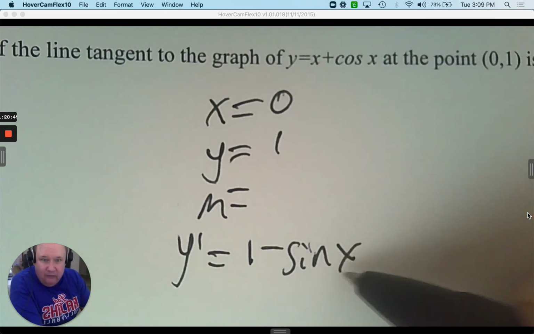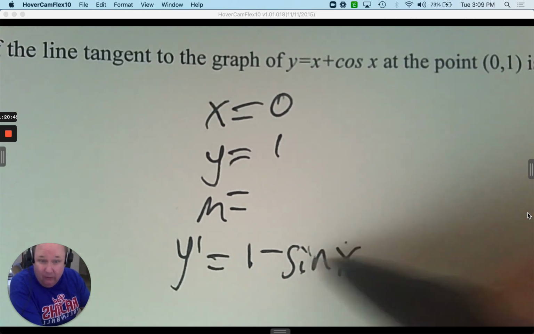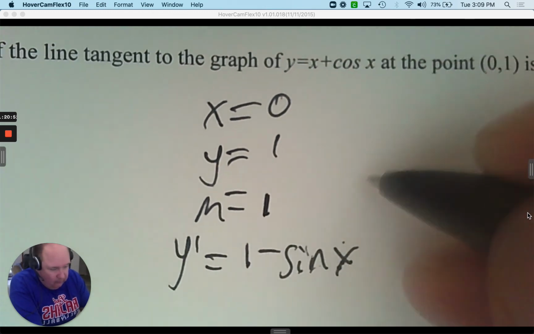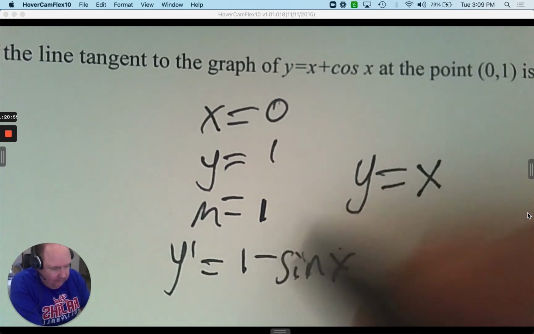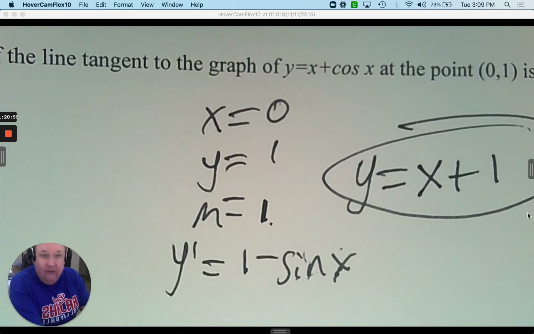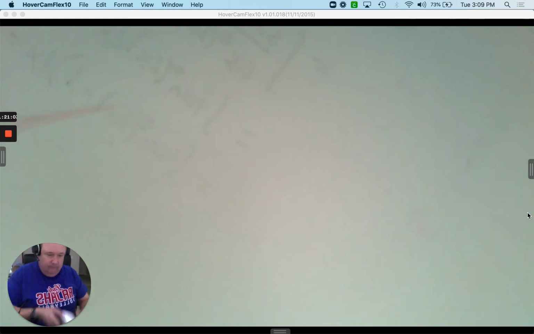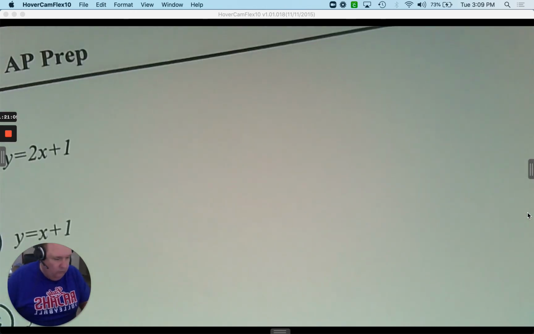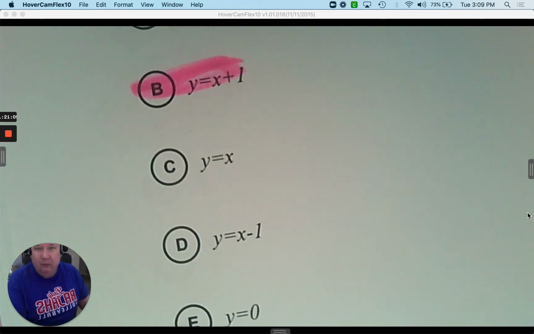So x is 0. So when I plug in 0, the value of sine at 0 is 0. So the slope is 1. So I get 1x. The slope is 1. 1x plus 1. That's the equation of the tangent line. And that matches with B.